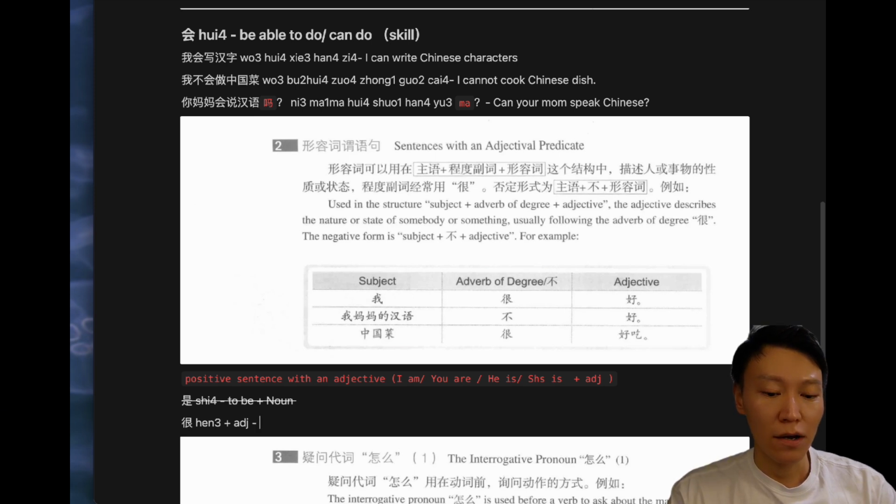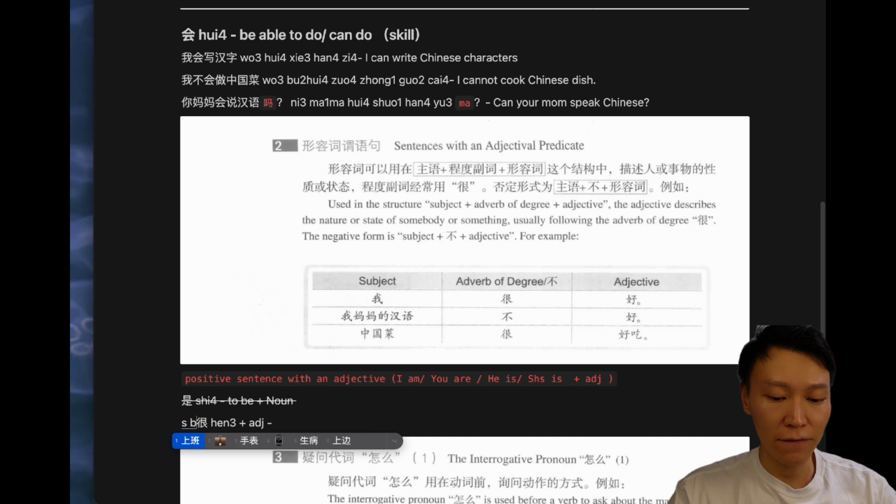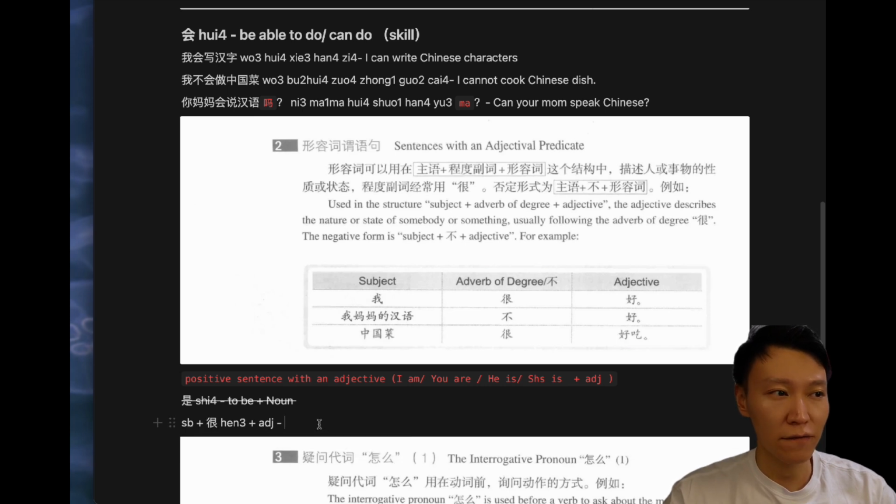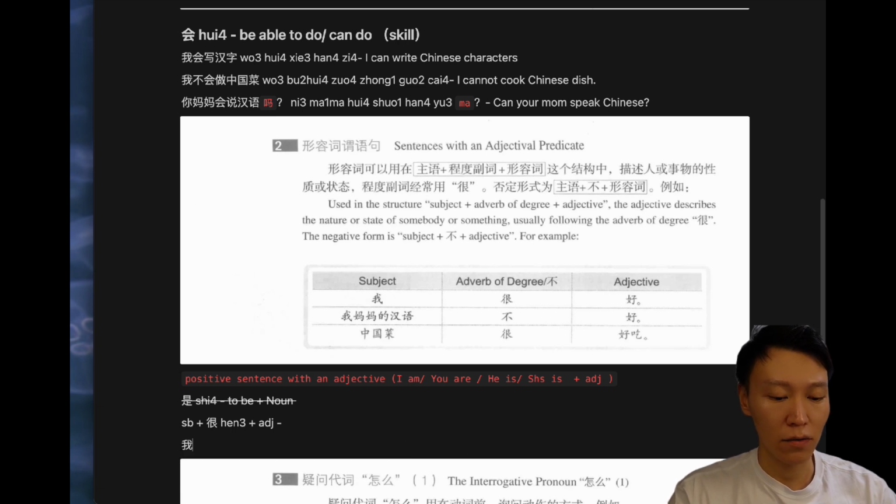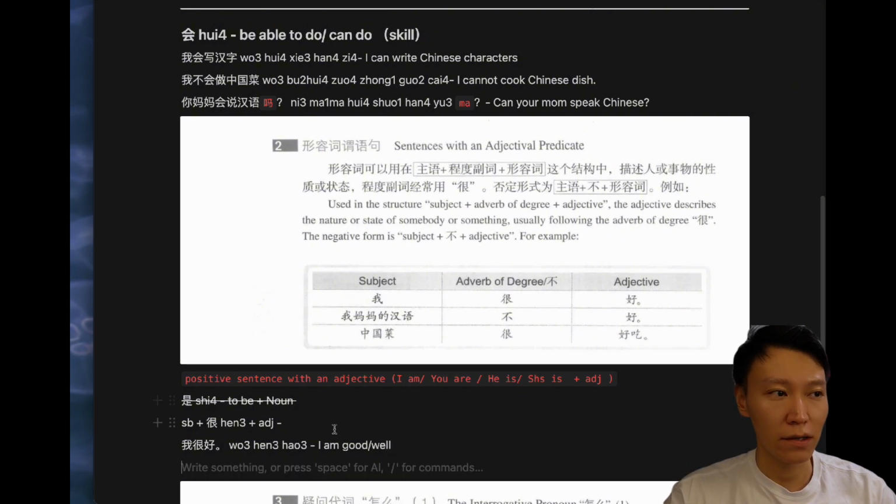But when we use somebody plus 很 plus adjective, we don't have to translate this 很 as very. It just means is. Okay, it just means is. So, for example, here, 我很好, which means I'm good. I'm well. Alright, 我很好.